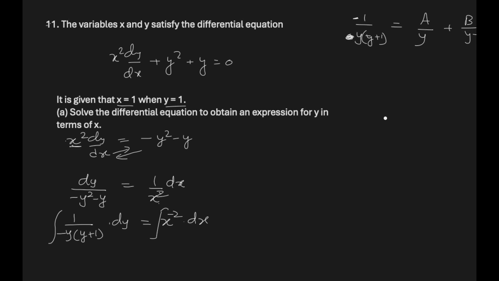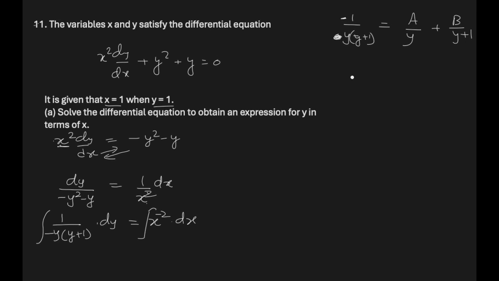Okay, so since the denominator will be the same, minus 1 will be equal to a times y plus 1 and b y. We do not write the denominator because they'll be the same. If I multiply these two, denominators will be the same, so we just take care of the numerators. So minus 1 equals ay plus a plus by.